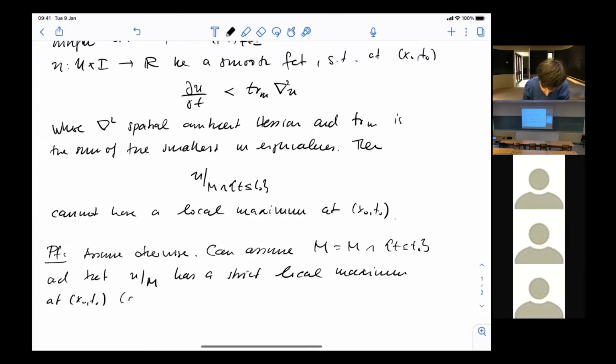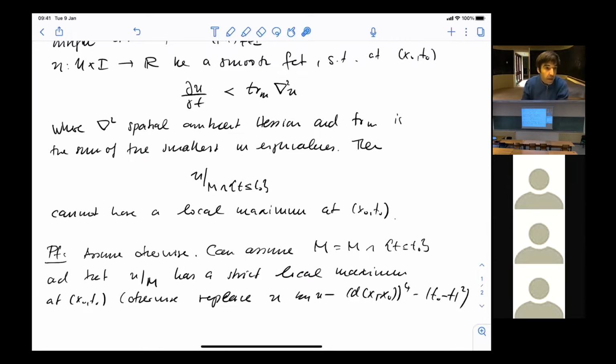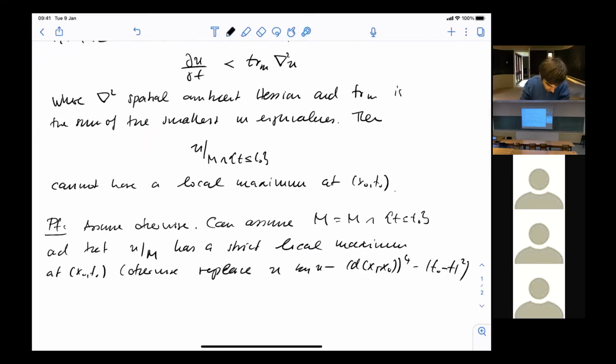If not, otherwise, replace u by u minus |x - x0|^4 minus (t0 - t)^2. This makes it into a strict local maximum, but it doesn't change the spatial second derivatives or the first time derivatives at that point. Now we just do a higher order perturbation to make it into a strict local maximum. Okay, so that's what we can assume.